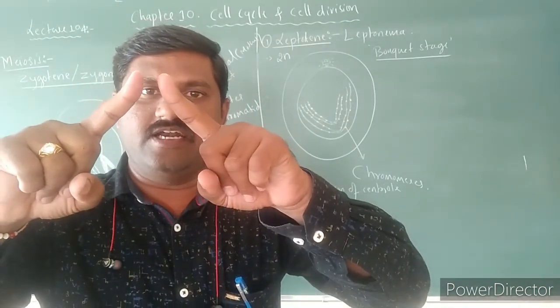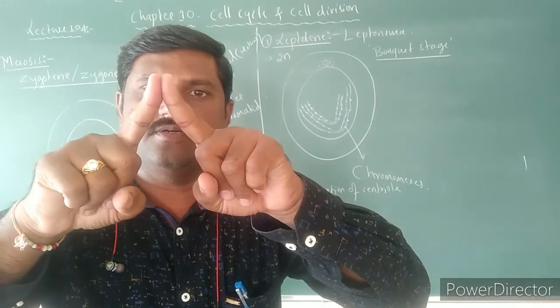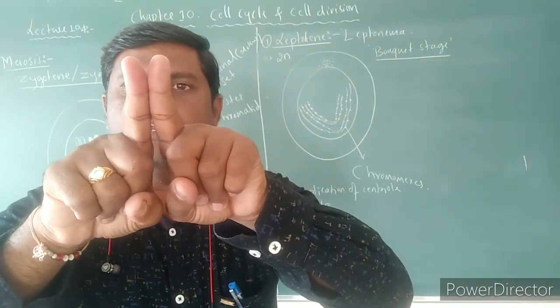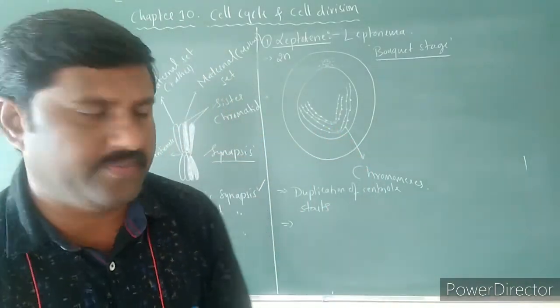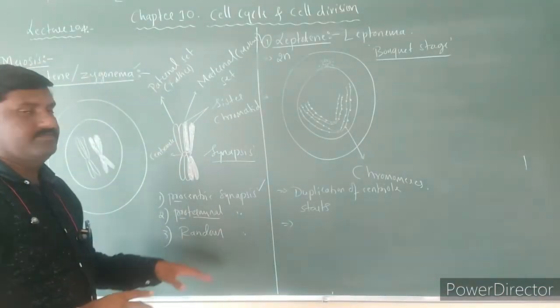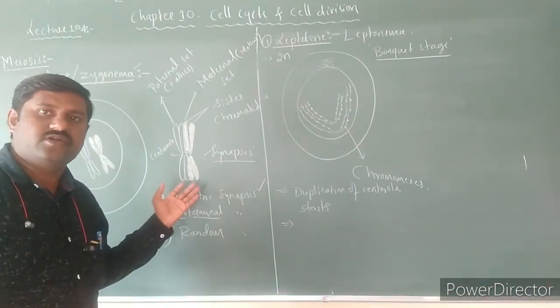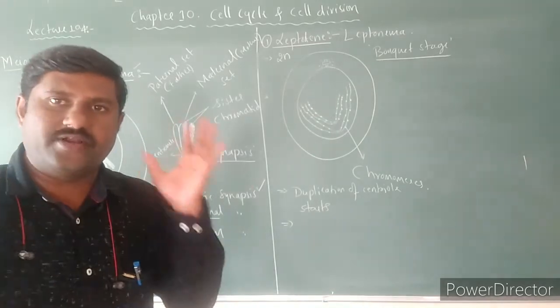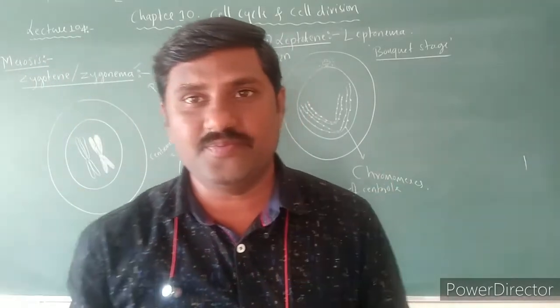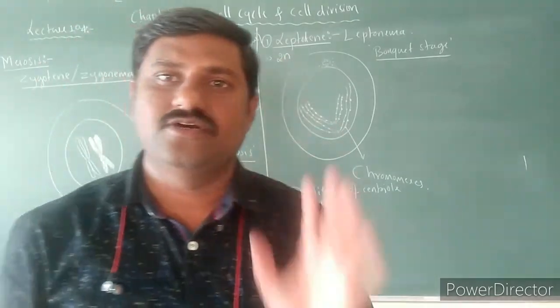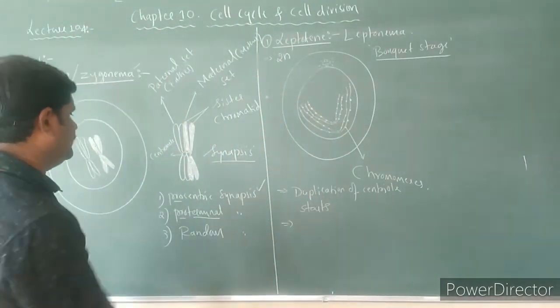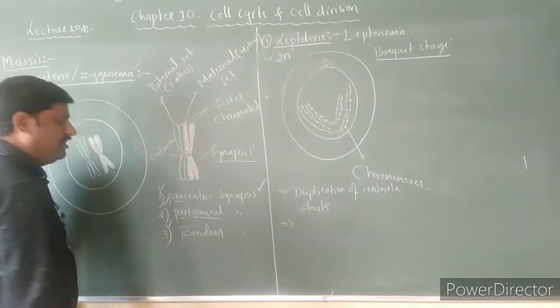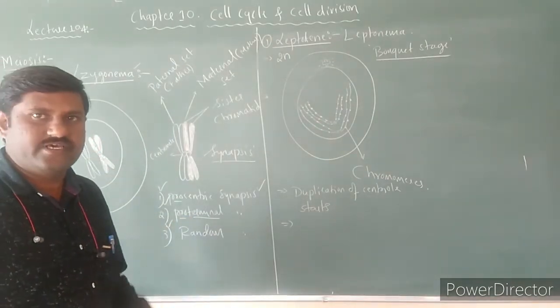If the attachment starts from the tip gradually like this, then it is proterminal. And random means the attachment of these homologous chromosomes takes place randomly at certain points. These are the three methods of synapsis that we come across here.